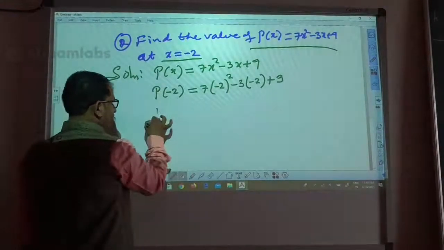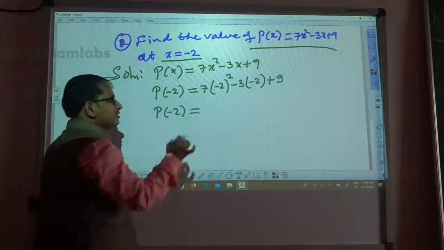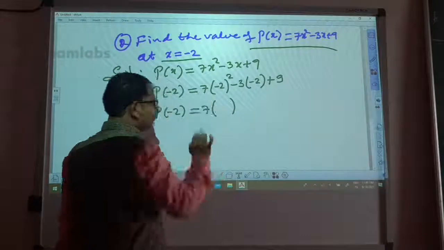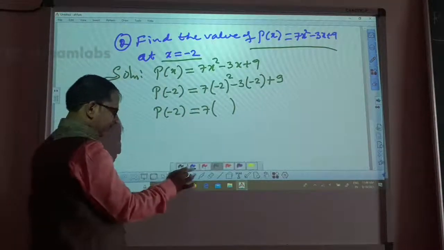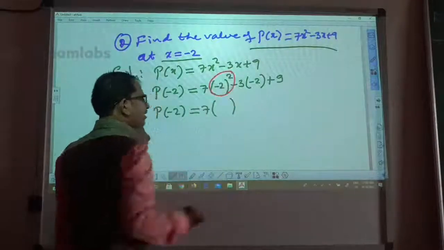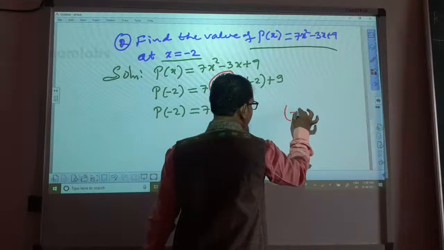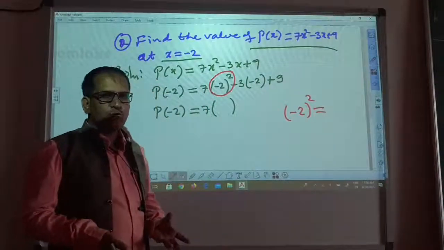Next point, p of minus 2 is p of minus 2 only. 7 I will write as 7 only. I will put this bracket. First observe here, minus 2 is there, right? Minus 2 whole square is there. Just observe this minus 2 whole square. Anything square is equal to what?